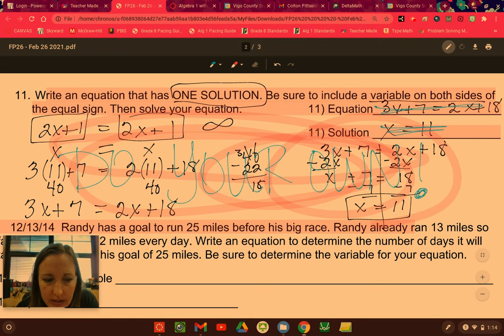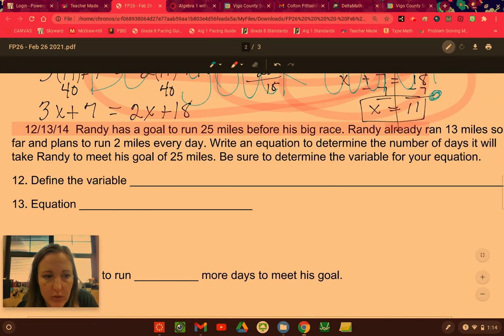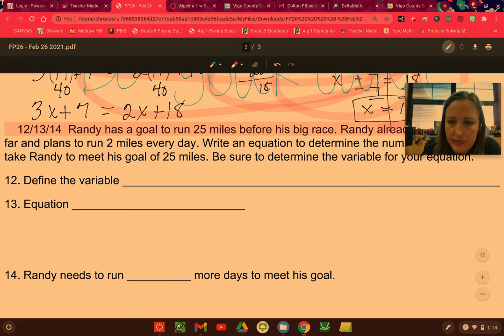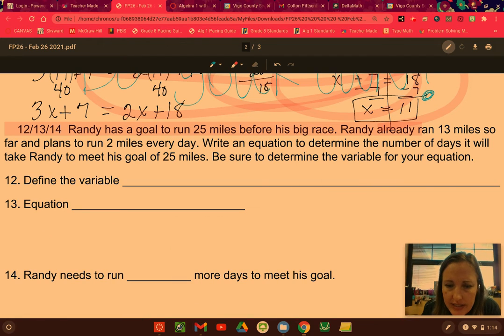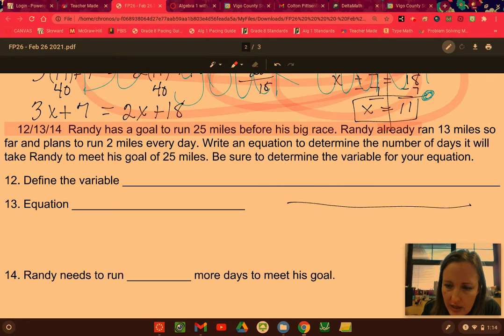All right, so I'm going to come down here now. And the last thing that was requested of me was 12 through 14. This is Randy the runner. And Randy has this goal to run a total of 25 miles. Okay, so he's already run more than half of that.